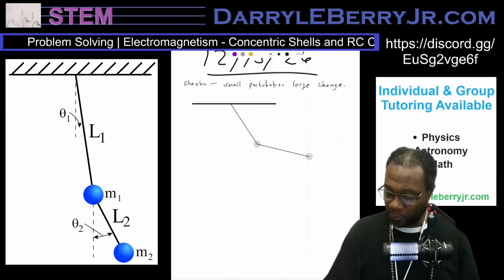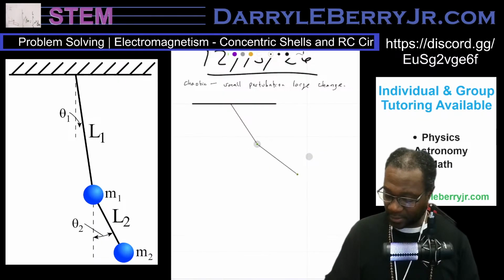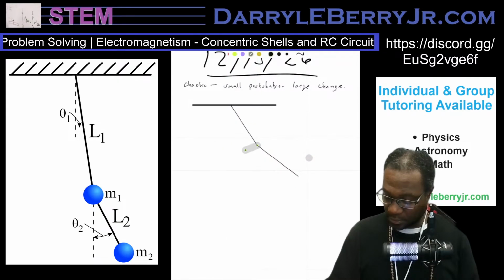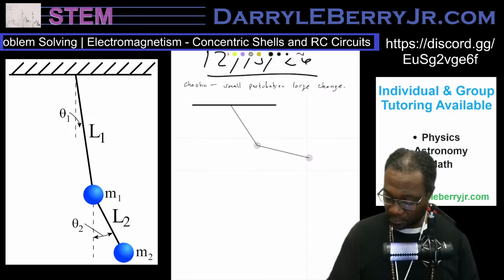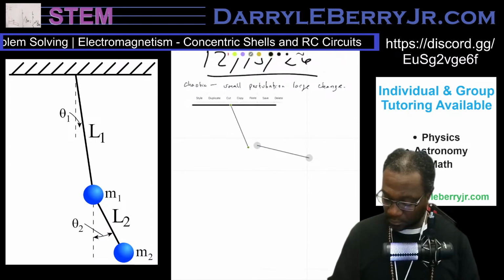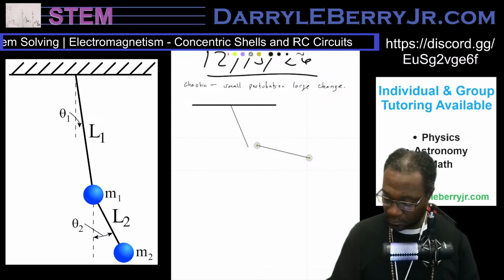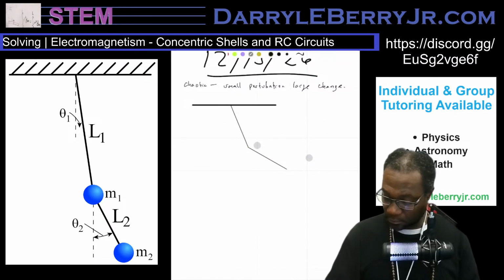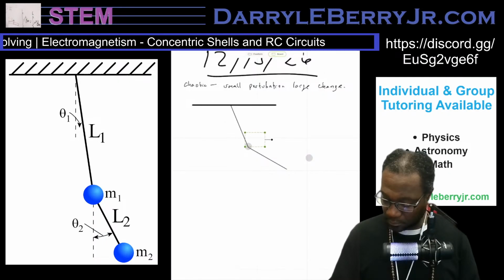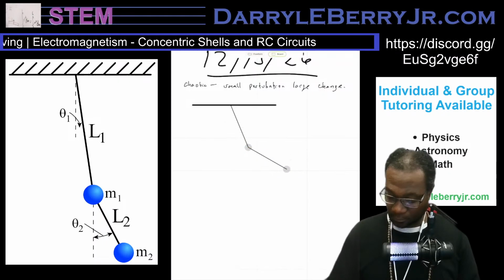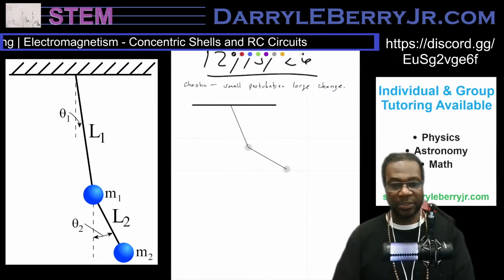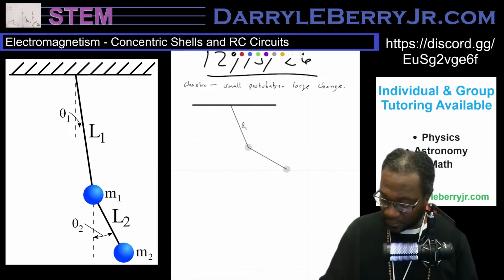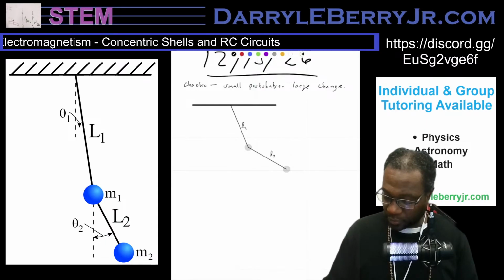We have our two pendulums. Maybe I'll make the angles a bit easier to see. Right, so we have these two pendulums. I shall use the same naming convention in the illustration listed.